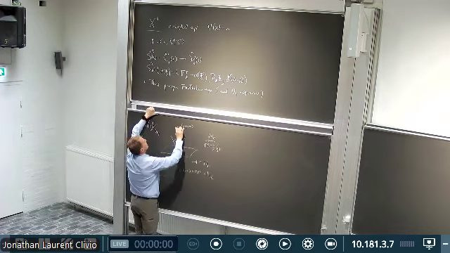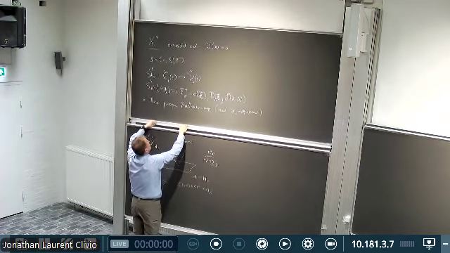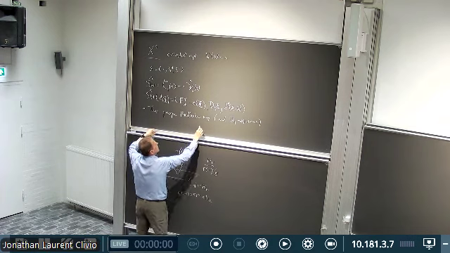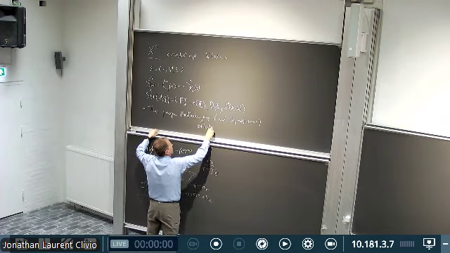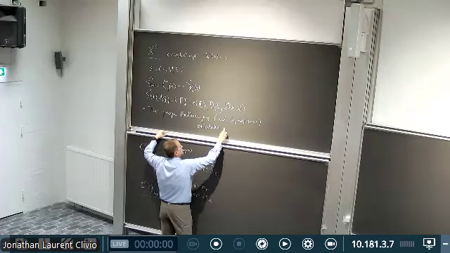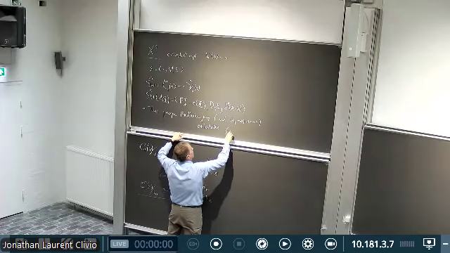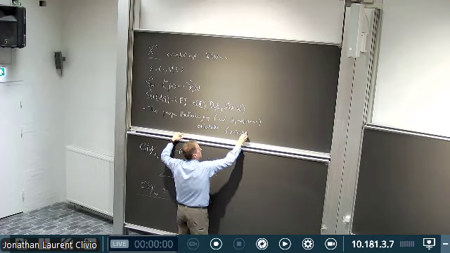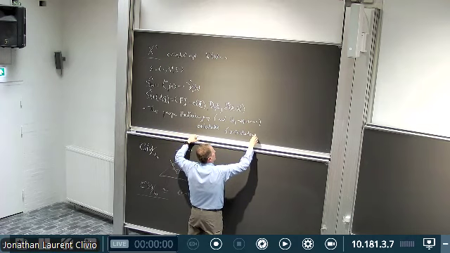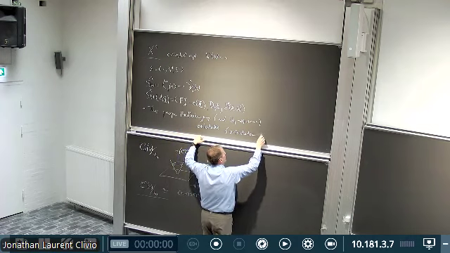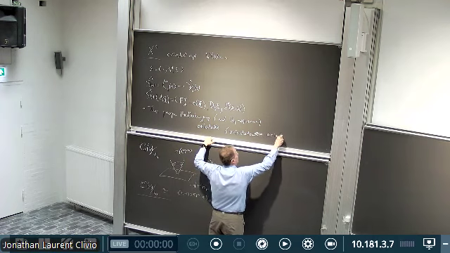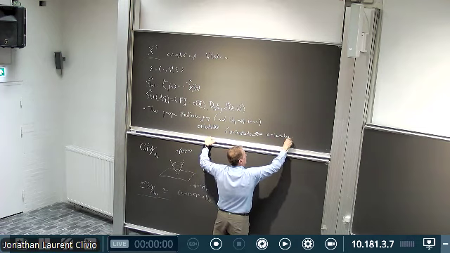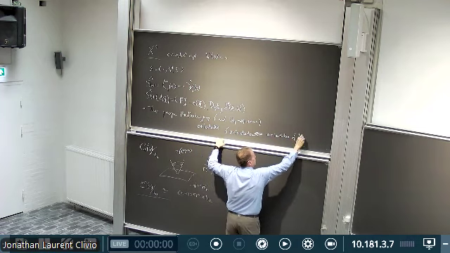And I should say, let me just add here, smooth proper orientable Fredholm map. And the orientation is provided by the orientation of H positive.